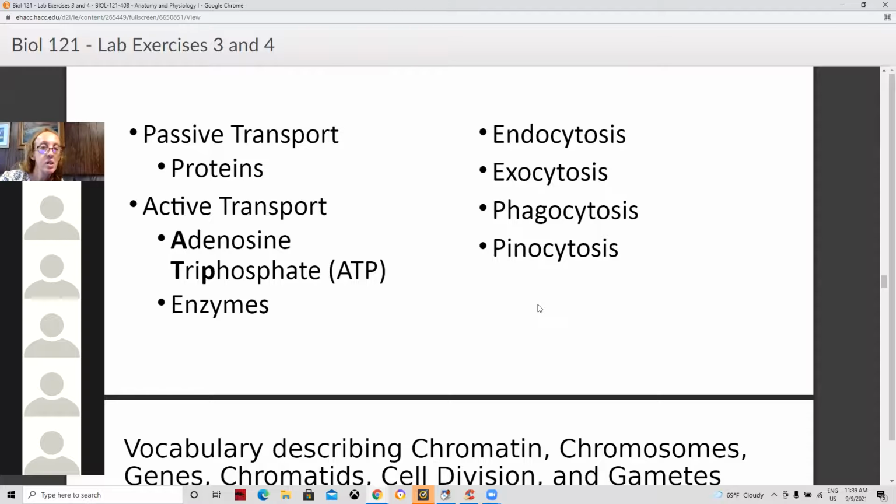Pinocytosis is to pinch. So it's just very small cell drinking to bring things into the cell. Phago meaning to bring in large amounts, pino meaning just a pinch.